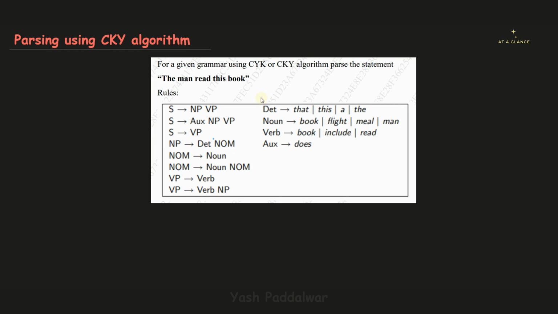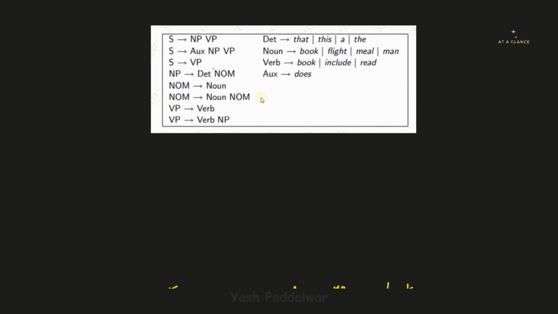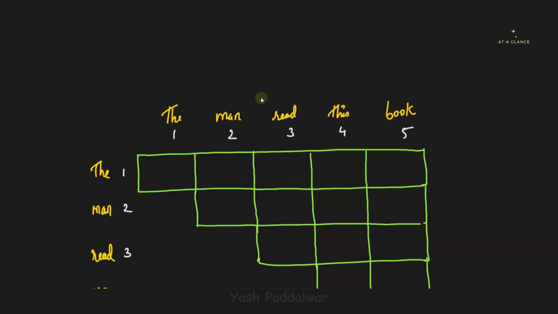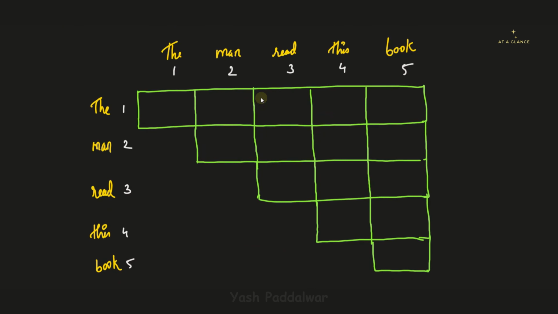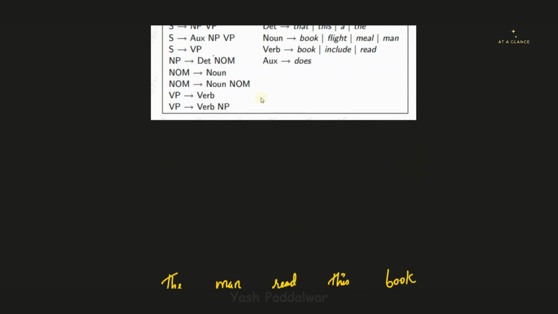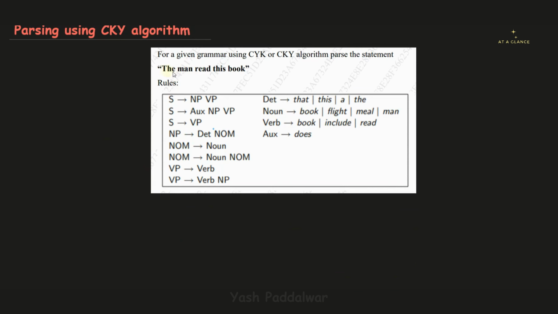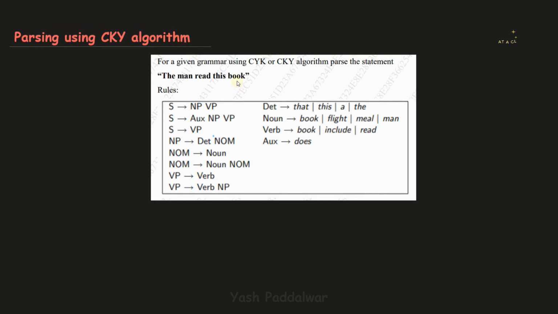The very first thing that you need to do in the CKY algorithm is to construct a table, something like this. If you look at the statement, we have a total of 5 words: the man read this book.